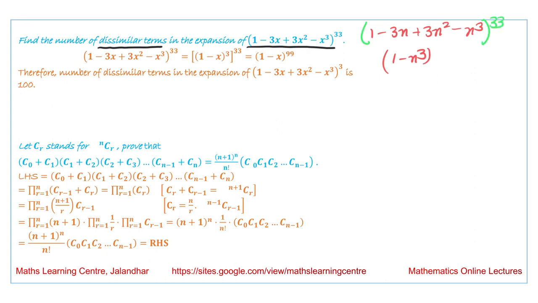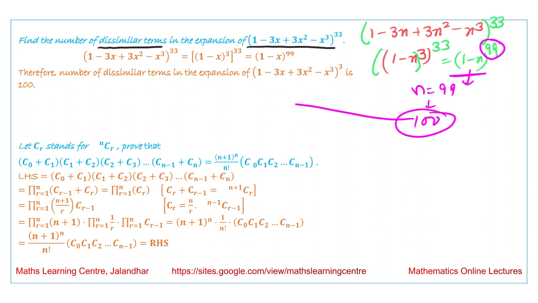So it is (1 minus x) whole cube, whole to the power 33. So we have (1 minus x) raised to the power 99, and the number of terms in this expansion, the value of n is 99. So the number of terms we will have is 100. So we are saying there are 100 dissimilar terms in this expansion.